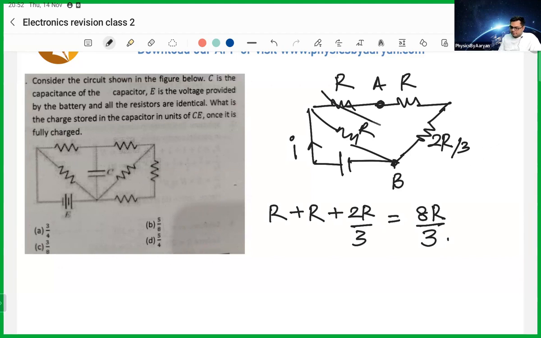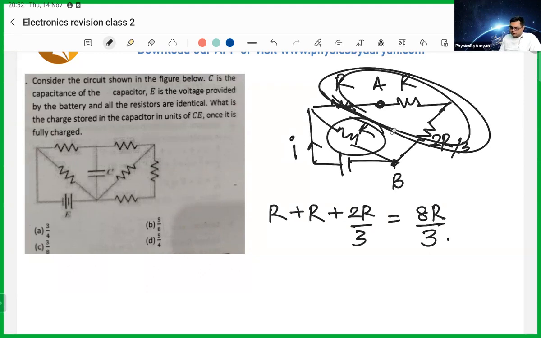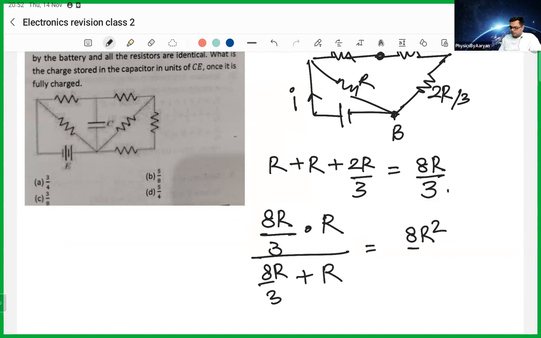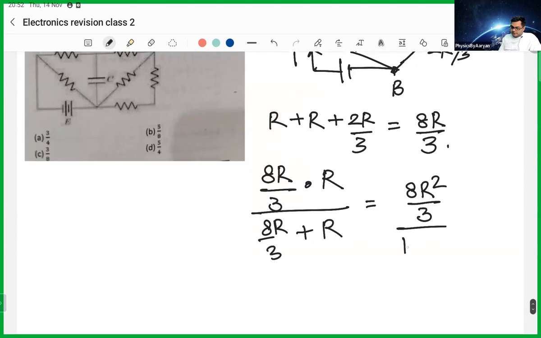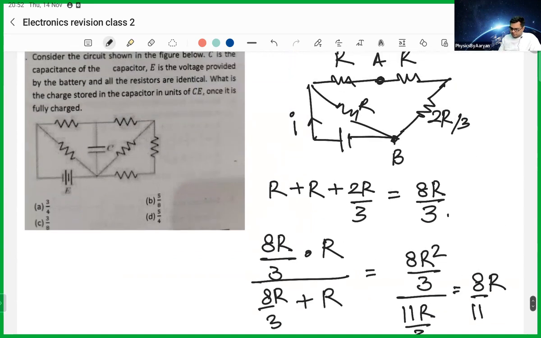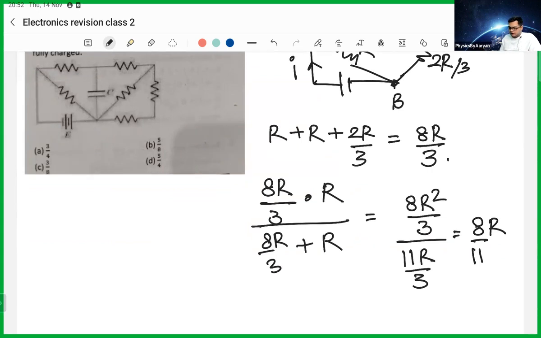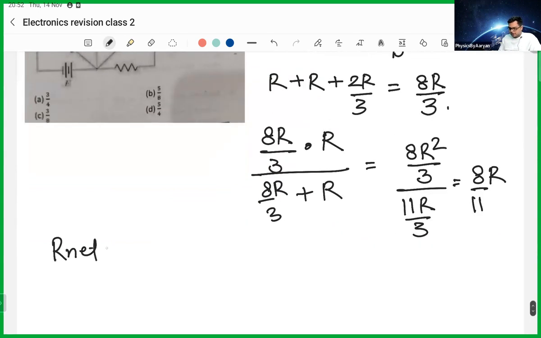And then this 8R by 3 is in parallel with this R. So 8R squared by 3 divided by 11R by 3, which gives you 8 by 11. Something is fishy, I'm not happy with the direction we are going, but okay. It is 8R by 11. So the net resistance in this question is 8R by 11.